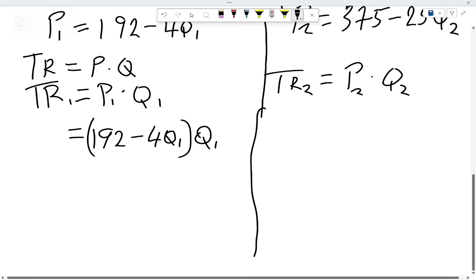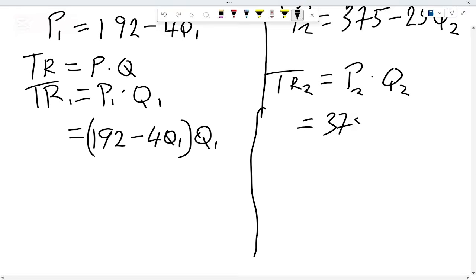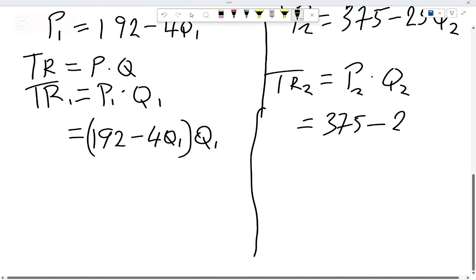Then for this, you have 375 minus 25Q2, all multiplied by Q2.